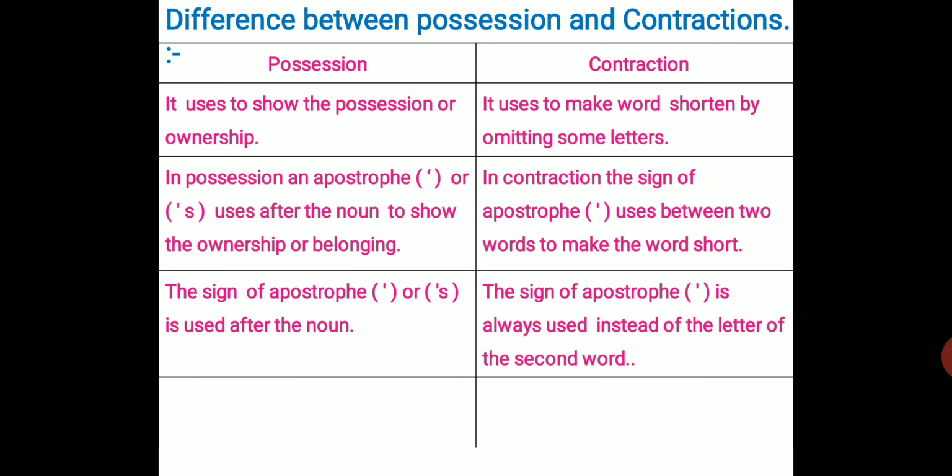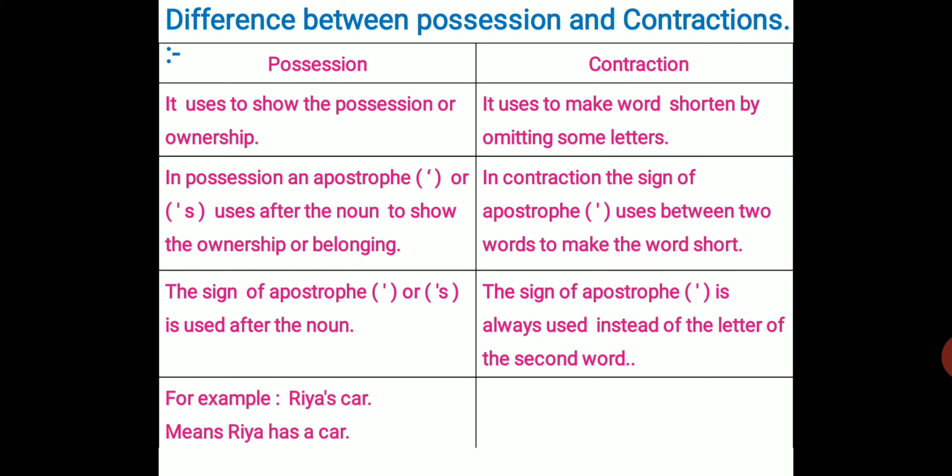It means when there are two words together and we want to write them in a short form, we omit some letters from the second word, and wherever letters are omitted, we use an apostrophe instead of the letters.